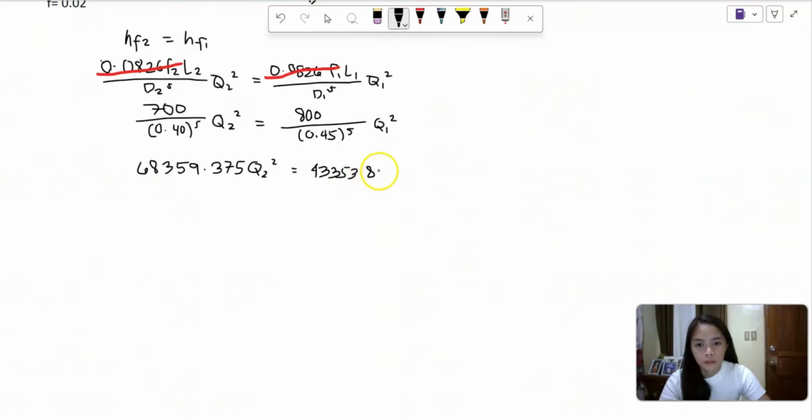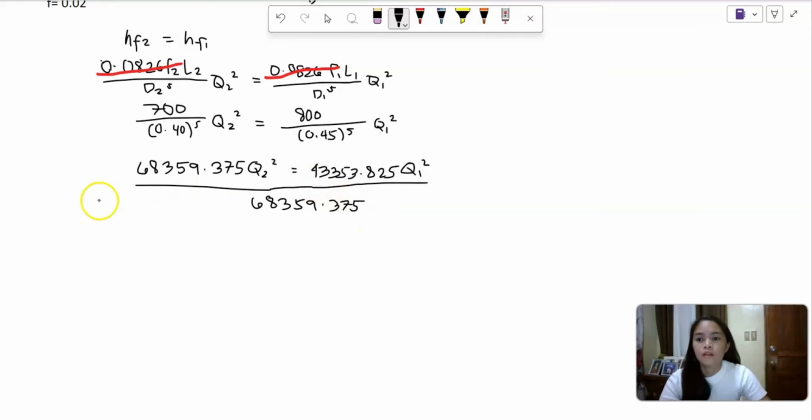So that Q sub 2 will remain here, we will divide both sides by 68,359.375 and we will apply square root so that the squared will be cancelled.